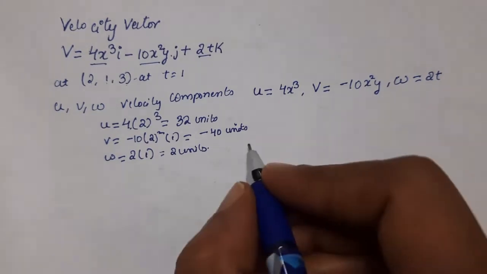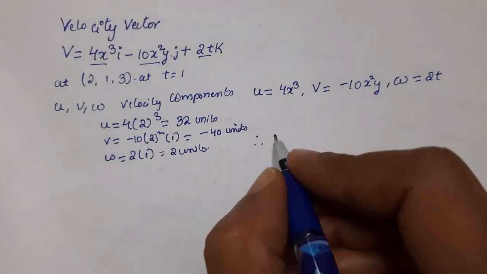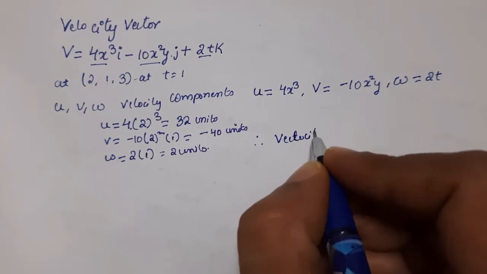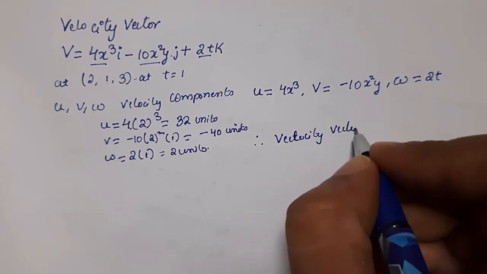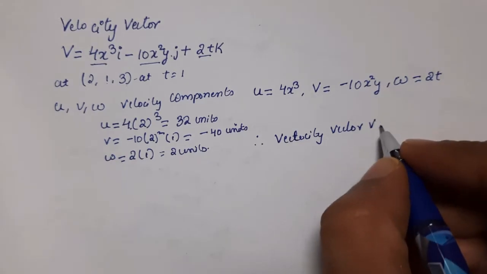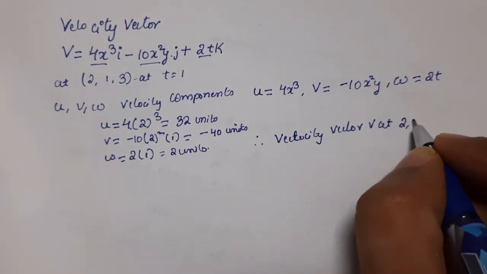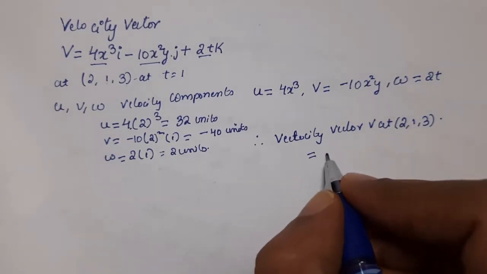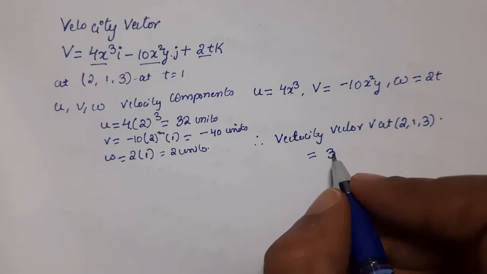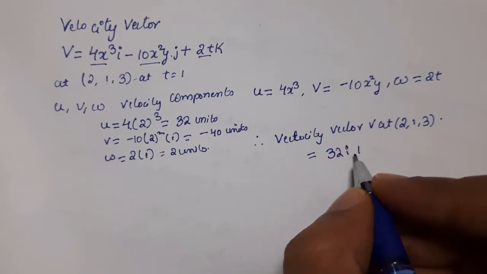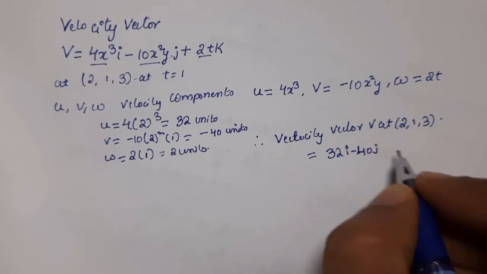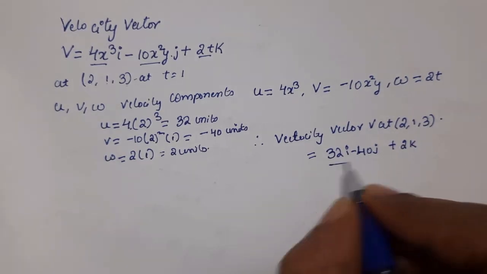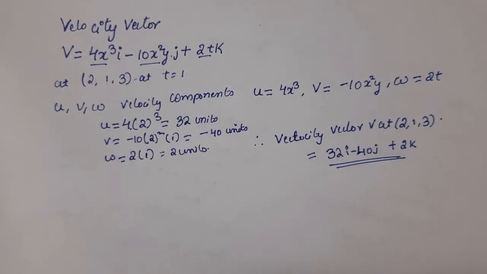So here we have the velocity vector v at (2, 1, 3), which can be written as 32i − 40j + 2k. So this is the velocity vector.